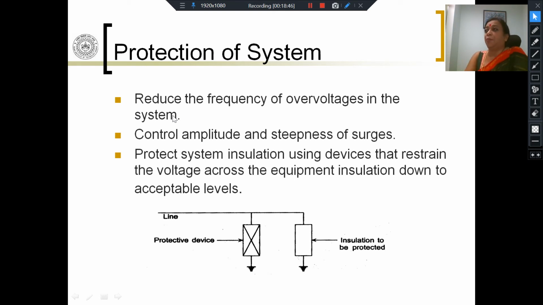So it is still possible that at VA, remember it's a probabilistic event, the protective device may also malfunction. So yes, even after you have provided the protecting device, it is possible that voltages greater than VA might appear across your insulation. But the frequency of such overvoltages, the probability of such overvoltages happening, will be reduced.